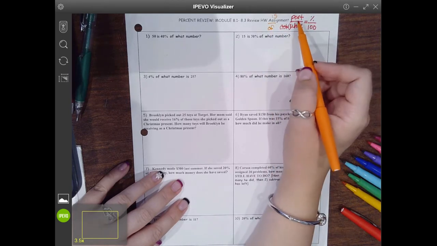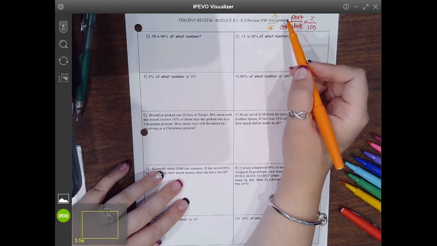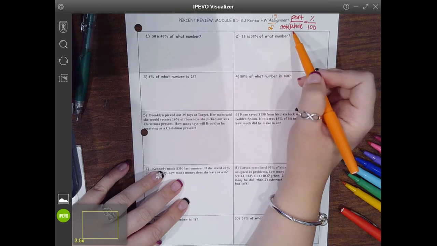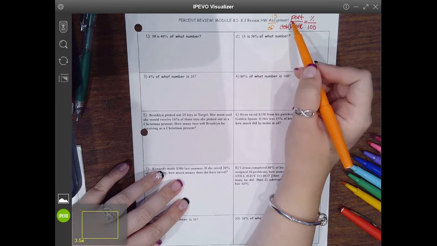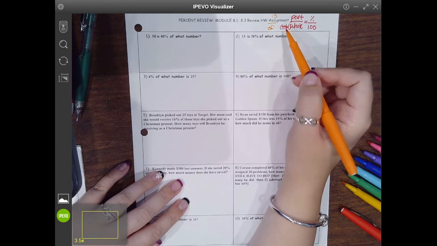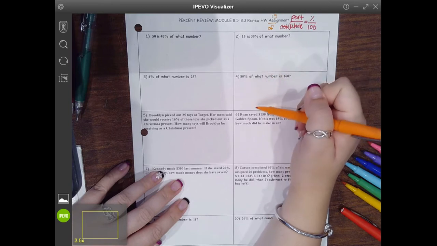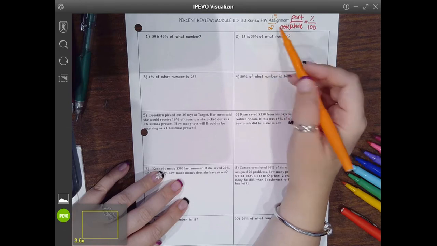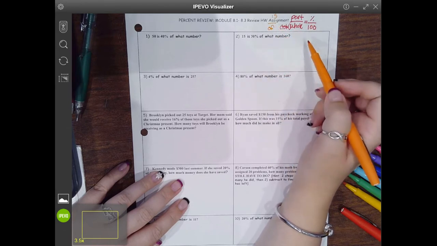Because if you think of it, your score that you get on a quiz is part of the total number of questions. So the is kind of like the part that you got right, and the of is like the total number of questions. So if it's something that's not in a word problem that's more exact and easy to figure out what the part versus the total is, and if it's just phrased like this, you could think is over of equals percent over 100.